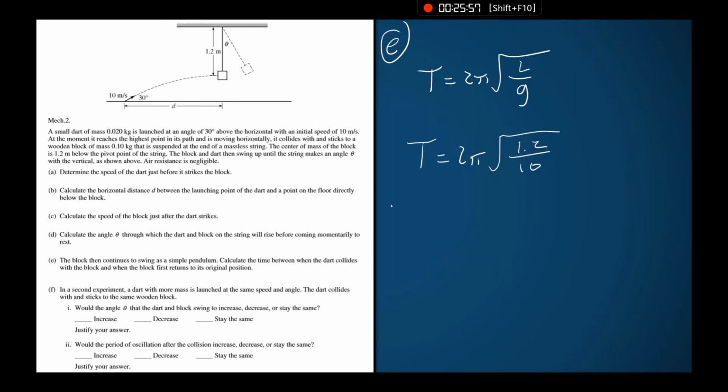Okay. So, part E? Square root of L over g, okay? That L is the length of our string. So that's 1.2 over 10 for us.